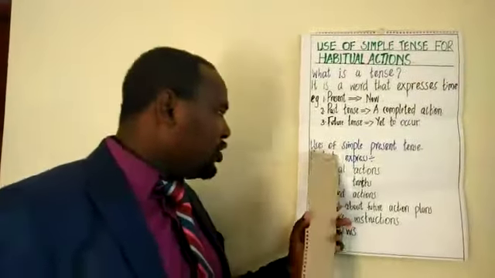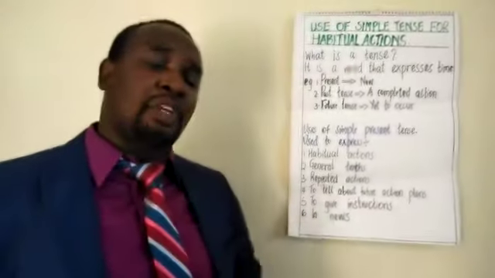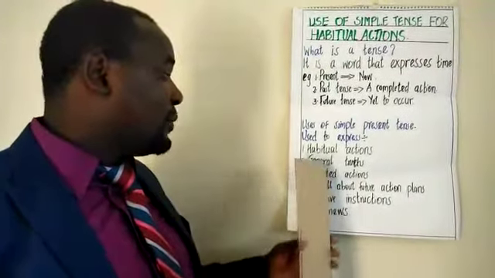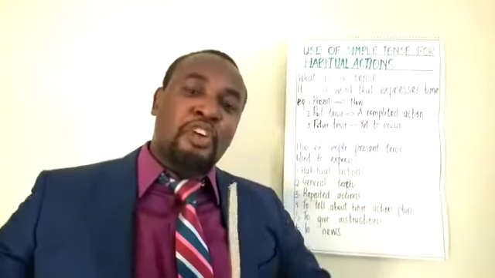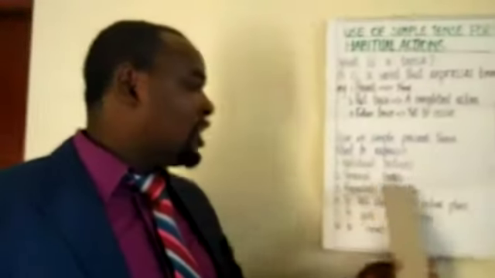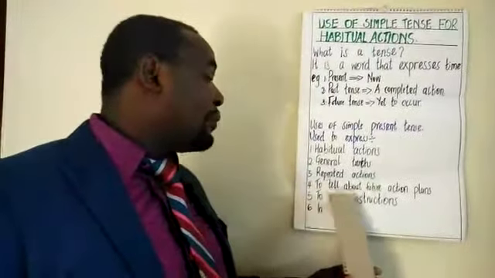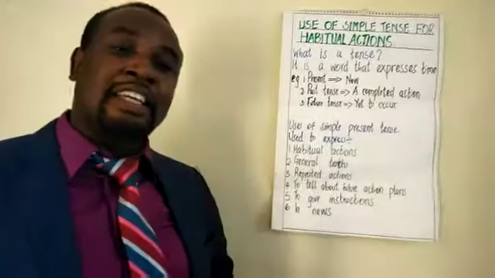Now, uses of simple present tense. What are some of the uses of simple present tense? One, they are used to express habitual actions. Habitual actions are things that often happen, things that you're used to doing. You do them frequently. Then we have general truths, repeated actions, to tell about future plans, to give instructions, and lastly, in news.